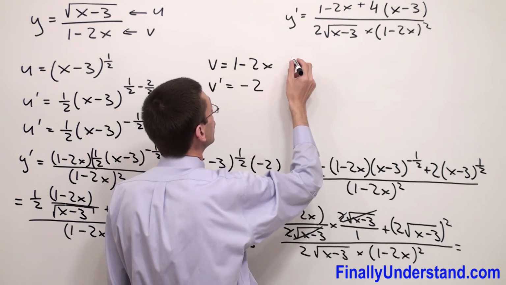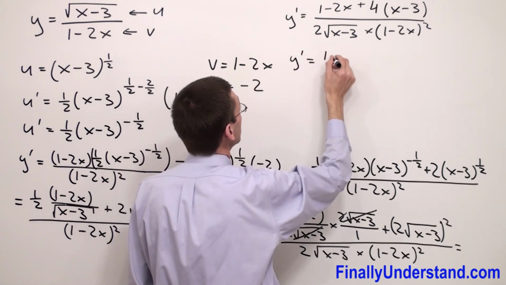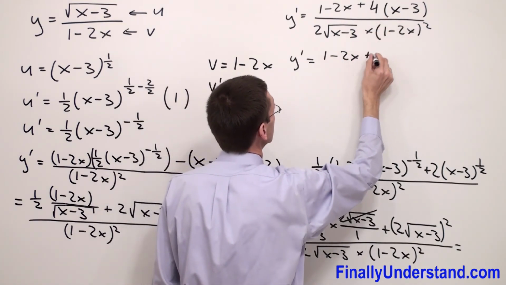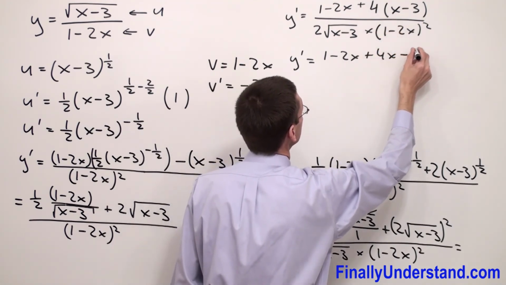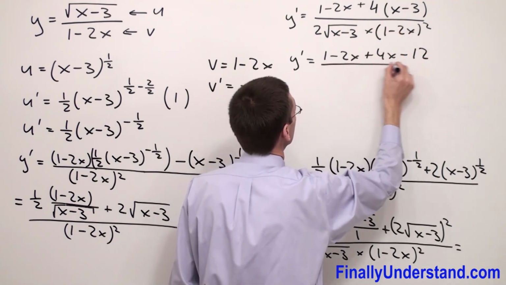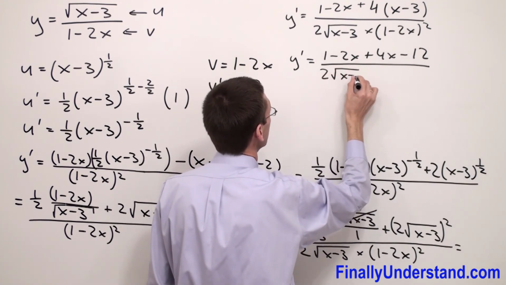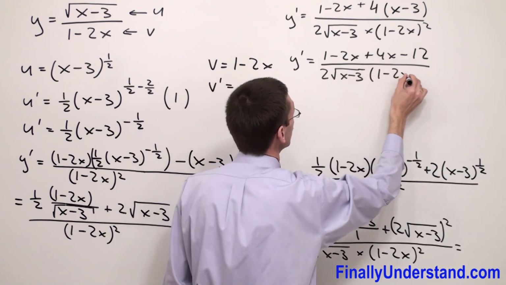Now we're supposed to simply write that this is equal to 1 minus 2x plus 4 times x is 4x, 4 times negative 3 is negative 12, over the denominator 2 square root x minus 3 times 1 minus 2x to the second power.